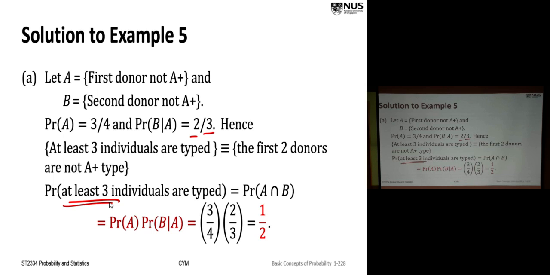So it's equivalent to probability A times probability of B given A. Or basically you need the first 2 to be not A+, then the third or the fourth must be A+. So 3/4, which is this probability, times 2/3, which is probability of B given A. So the answer is 1/2.